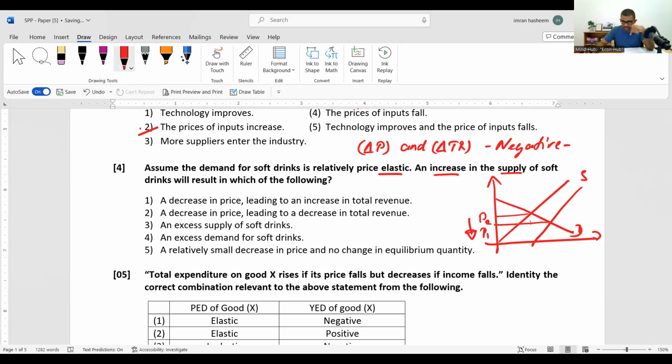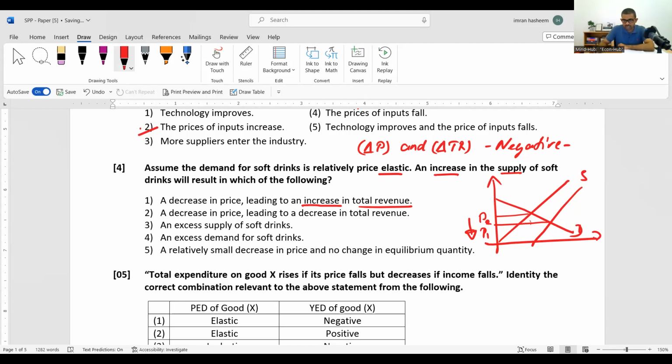So when price decreases, total revenue will increase. So the answer that says increase in total revenue is what we are looking for. There's only one answer that correctly argues that, so that could be our answer key.